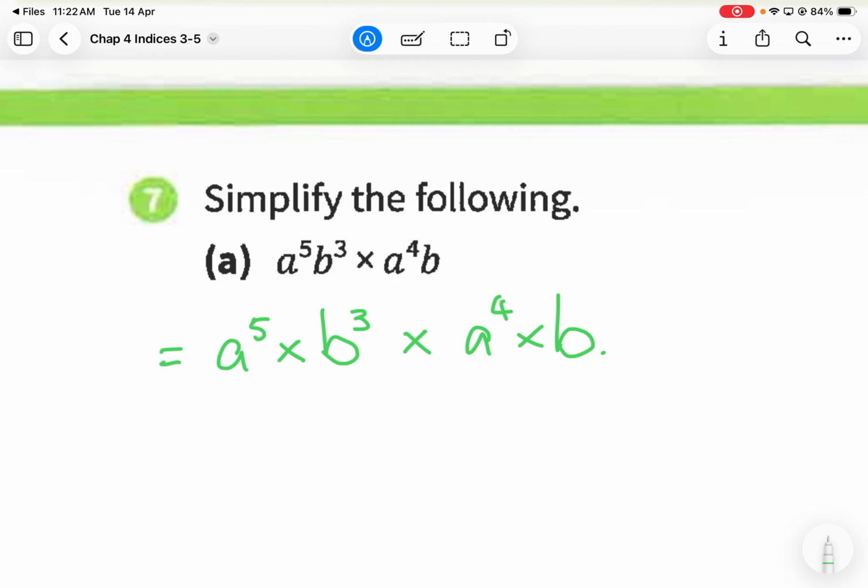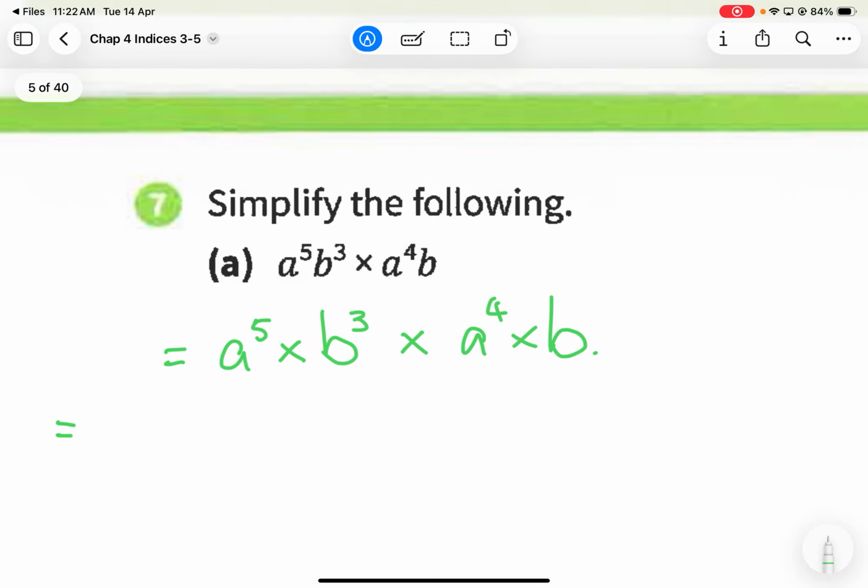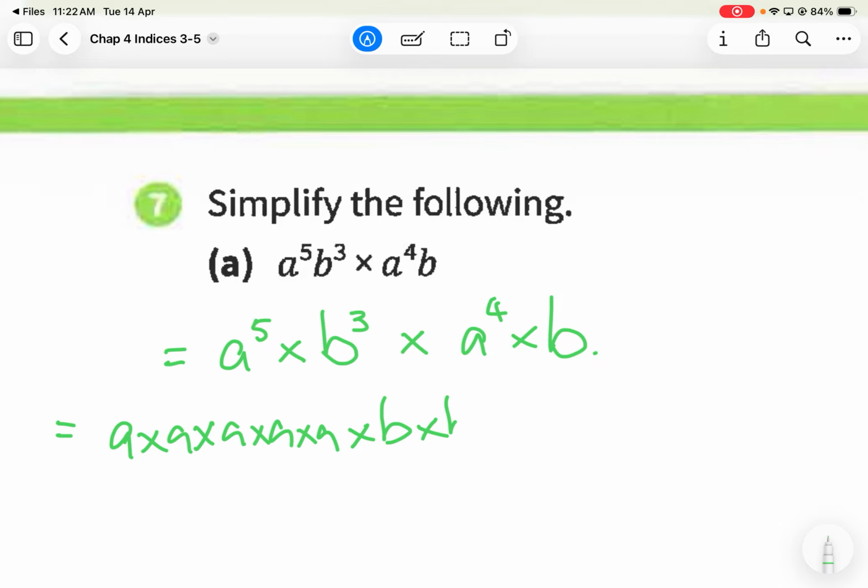If I were to break it down further, A to the power of 5 means A times A times A times A times A, 5 times. Okay? So, this one don't need to write in your solution, but I'm showing you A times A times A times A times A. This is what is actually happening. Times B times B times B. Times A times A times A times A times B. Okay?